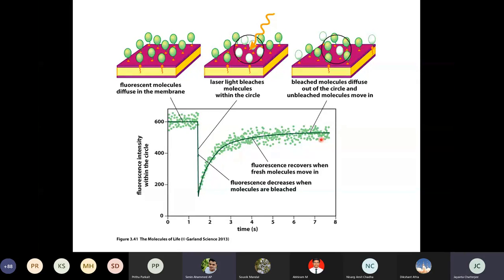So when new molecules replace the bleached ones, how can we say that the previous intensity will be retained, because new ones are coming and their intensity may be different? Yes, that could also be a reason.